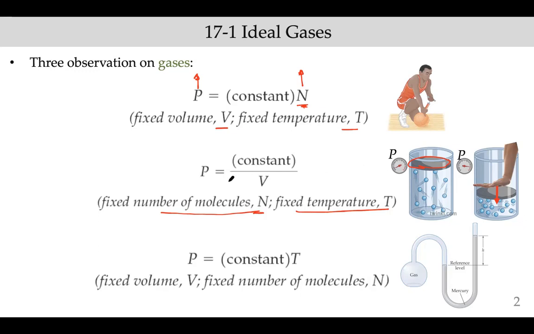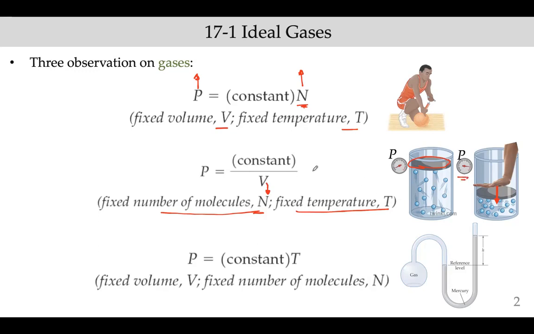So the relation that you find here is, if you decrease the volume, you push it down and the volume goes down, you look at the gauge and you see that the pressure increases.